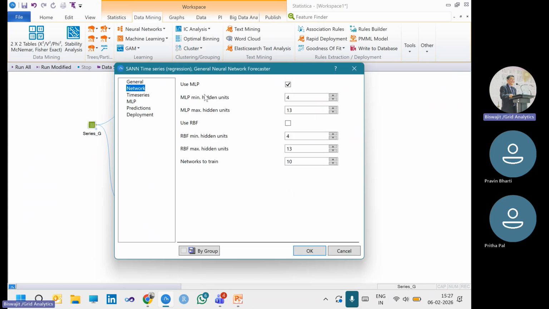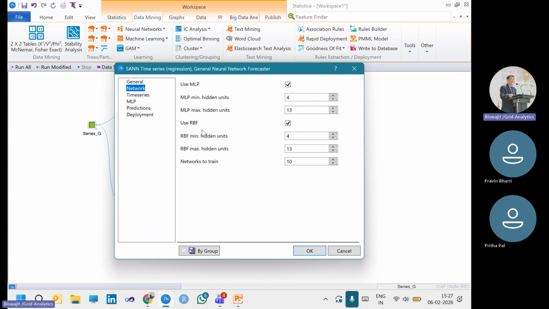For the network, Statistica supports two widely used types of neural network, MLP. MLP stands for multi-layer perceptron, a very, very popular one, and a convergence of many old-time neural networks. Since I'm a beginner, I do not know which network will work best for my purpose of prediction, so I have also selected the RBF network.